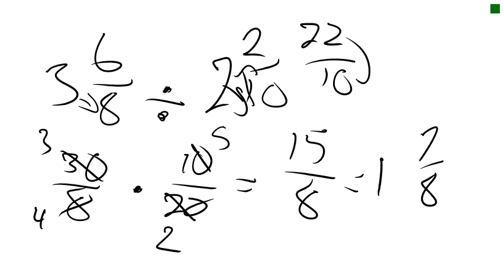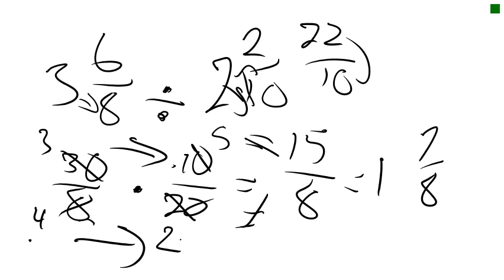Okay, so I reduced here, pulled out a 10, so 3 and 2, pulled out a 2, 2 divided by 8 is 4, 2 divided by 10 is 5, and then multiply it straight through. We got 15 over 8 right here, and reduced that out, pulled out one group of 8 to make 1 and 7/8.